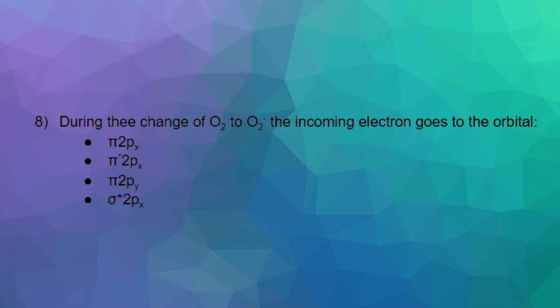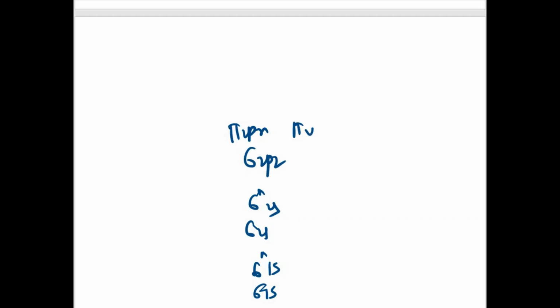Alright, moving on to the next question. The question says, during the change of O2 to O2 minus, the incoming electron goes to which orbital? So O2 means 16 electrons, so our diagram changes a little bit. So sigma 1s, sigma star 1s, sigma 2s, sigma star 2s, sigma 2pz comes below, then pi 2px, pi 2py, then pi star, and then your sigma star 2pz.